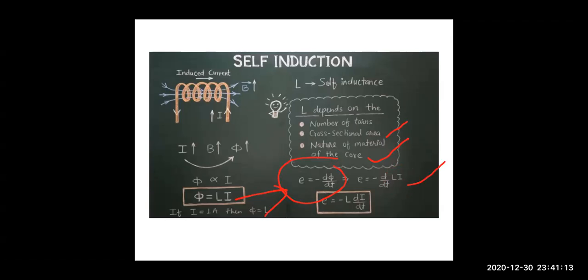But here L is self-inductance whose value is constant, so L will come out of the differentiation and the induced EMF is equal to minus L di by dt. Okay children, so this is the magnitude of EMF produced in the coil due to the phenomenon of self-induction.